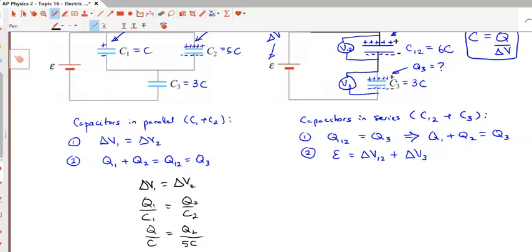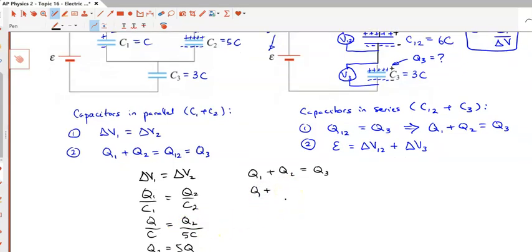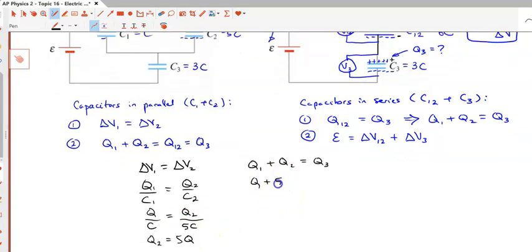So how are we going to show that? Perhaps we'll use this equation here. We're going to use Q1 plus Q2 is equal to Q12, which is in series with the third capacitor, and they have to have the same charge. So Q1 and Q2 must add up and be equal to Q3. Q1 we said is just Q, and we just learned that Q2, if you recall down below here, is 5Q.